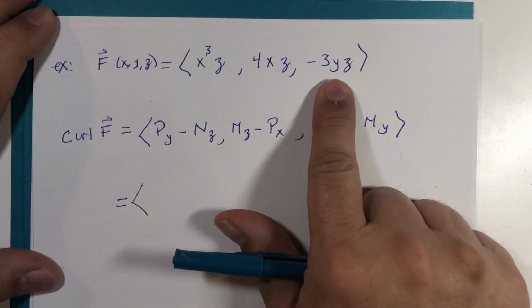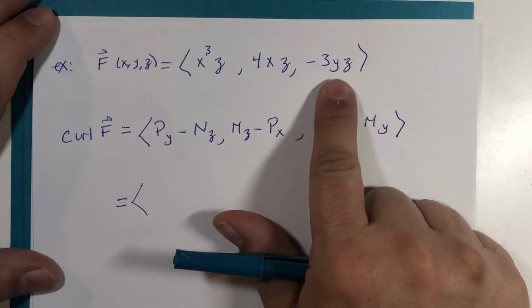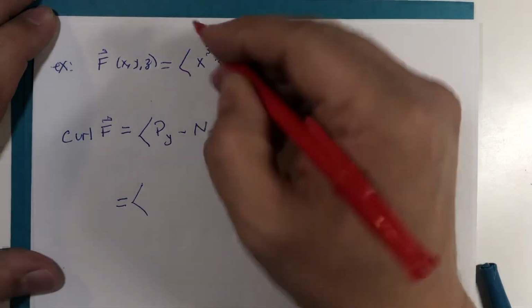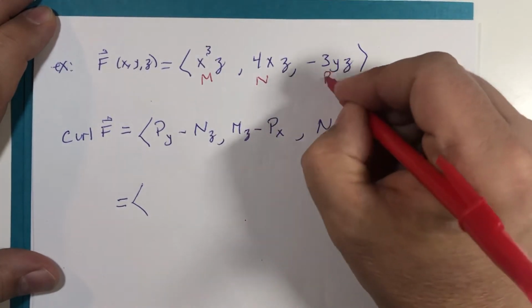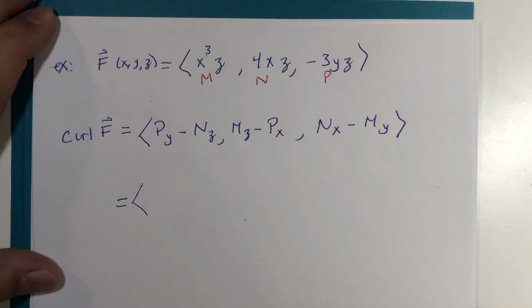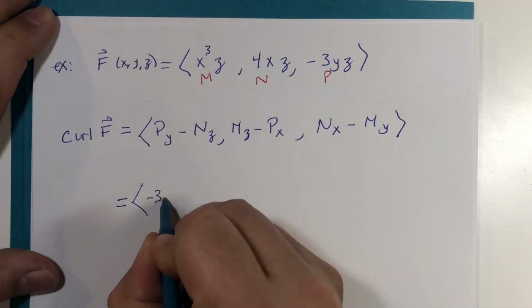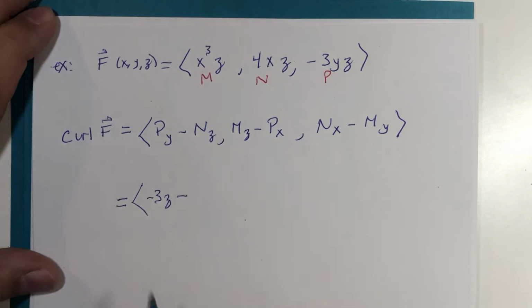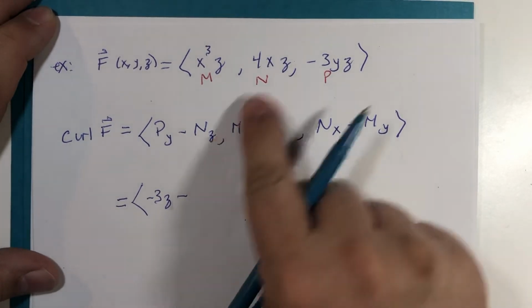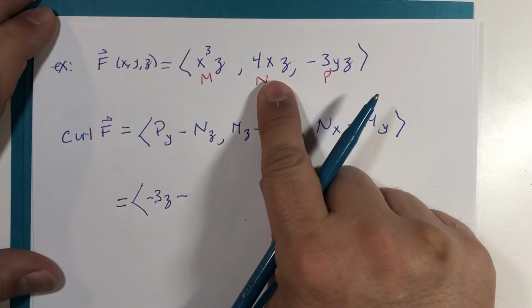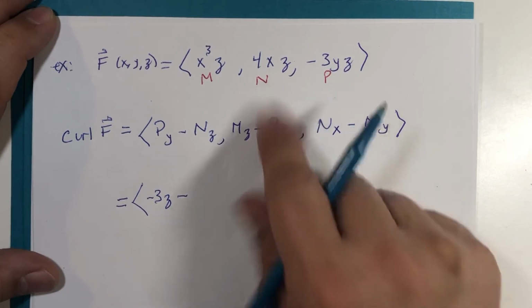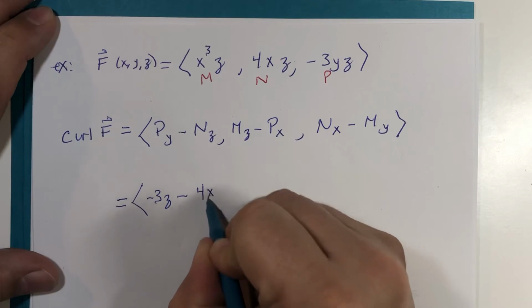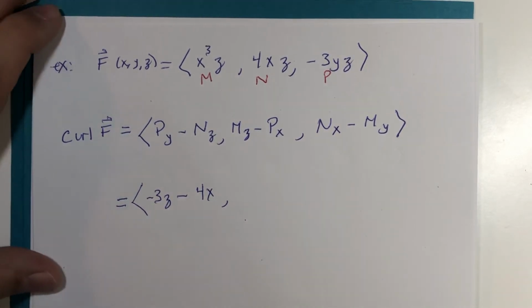The y partial derivative of this component, remember, this is m, this is n, and this is p here. The y partial derivative of that looks to be negative 3z minus the n component's z derivative would be, well, that's right, 4x.